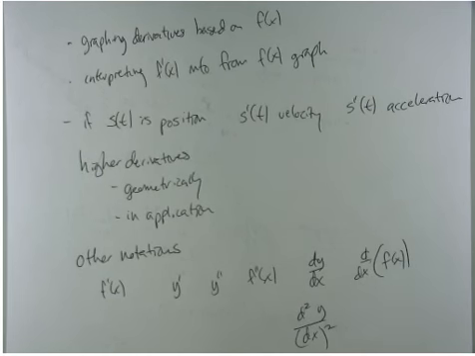All of these are different notations for the first and second derivatives, and you should be comfortable using these interchangeably. I will not be asking you at any time in this course to use one exclusively, but I may use either interchangeably, and you should be able to see what I have written and interpret it correctly. So that's the important thing here.